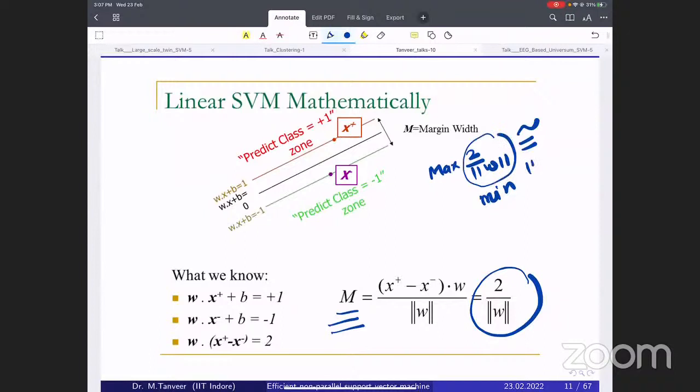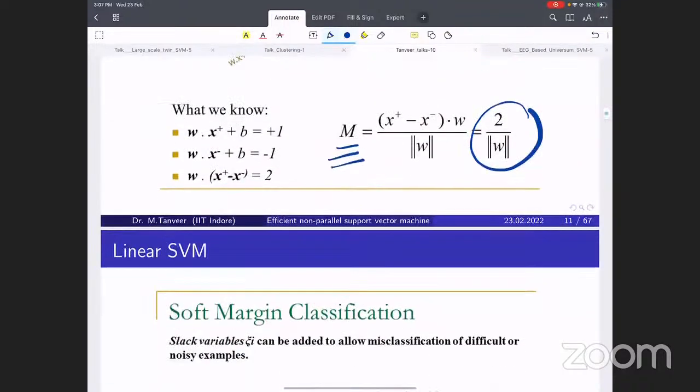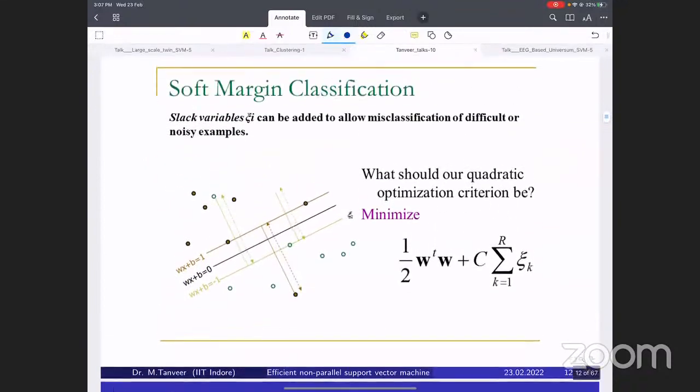So equivalently you can also write this as minimizing norm of W squared by 2, subject to the condition.